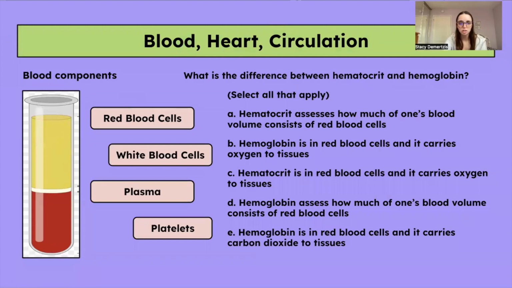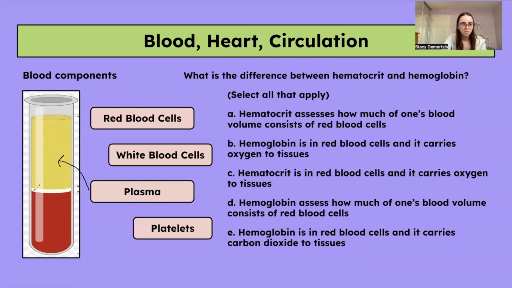I want you all to tell me, and I'll draw arrows connecting to it. What do we have? Let's start with this yellow. This is about 55% of blood, this yellowish content. What do we call this? Plasma, that's correct. So plasma is this yellow stuff.